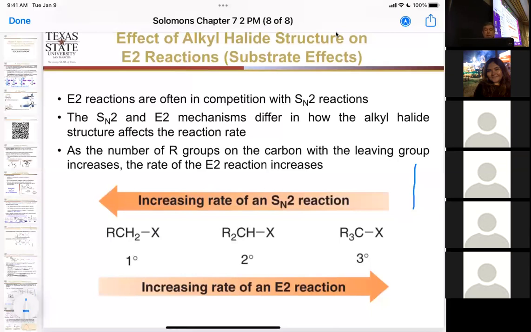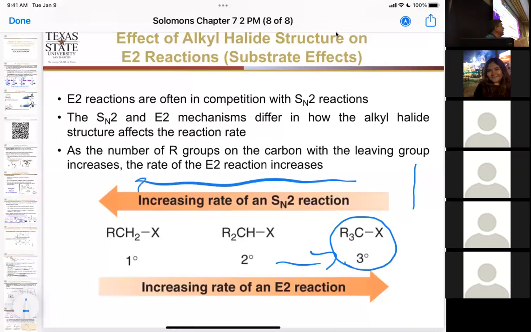And as it turns out, the E2 reaction increases when having a tertiary alkyl halide. It's the opposite of SN2. Why is SN2 so slow for tertiaries? Sterics, right? We're trying to substitute on a carbon that has three other things on it, plus our leaving group.